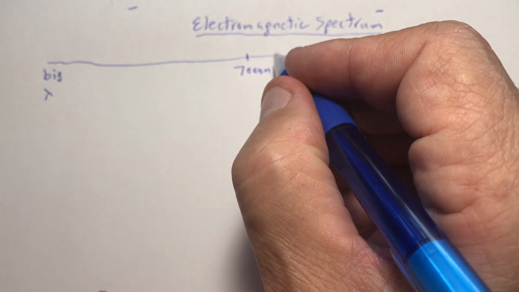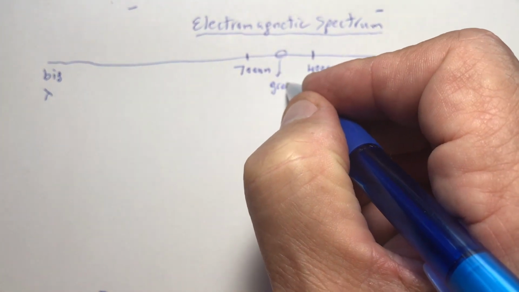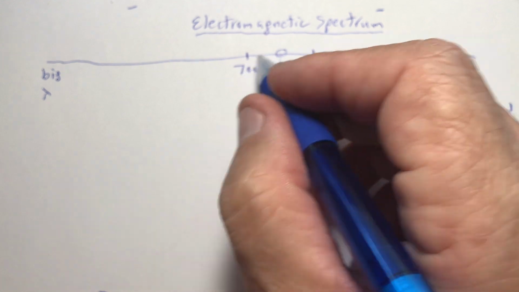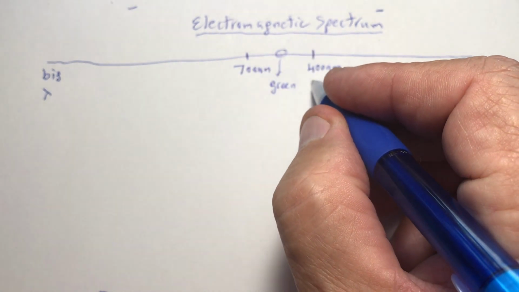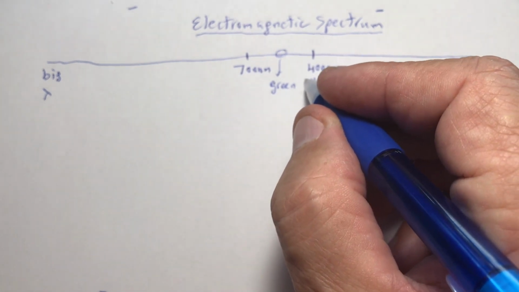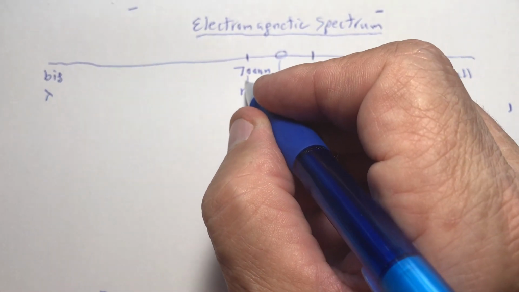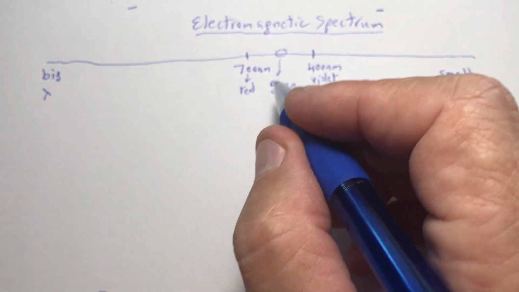For example, the green is somewhere here. This is the green light. It is here somewhere in between. And here this is the violet, and the blue comes before it. And here we have the red. So this is the red. That's the violet.